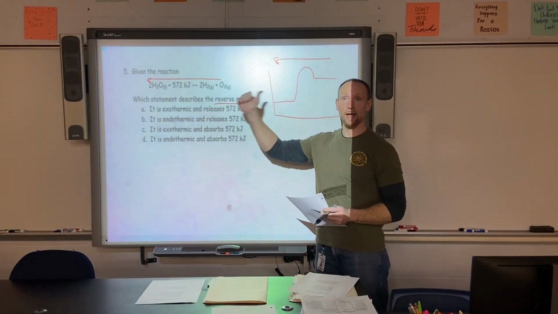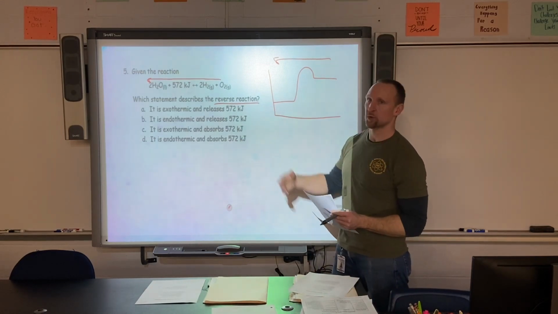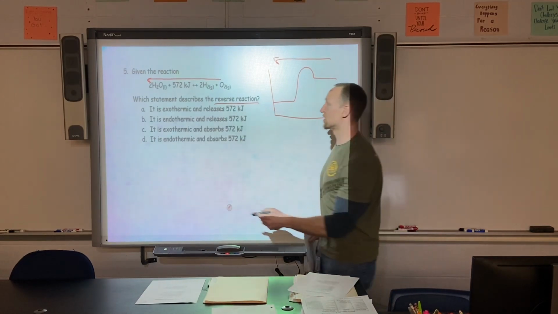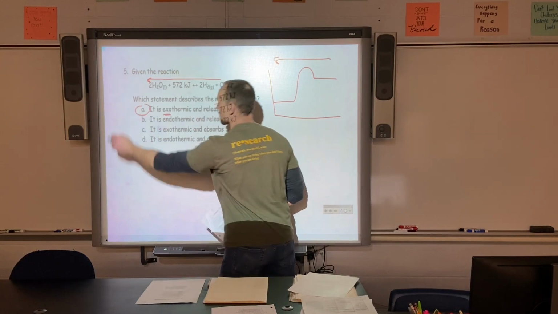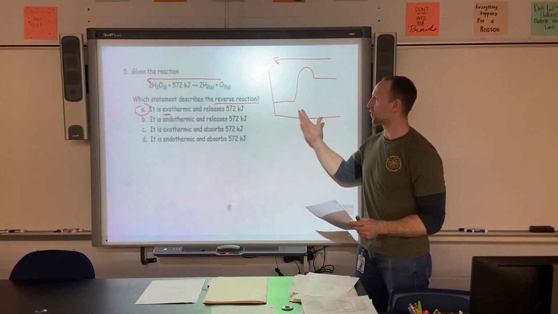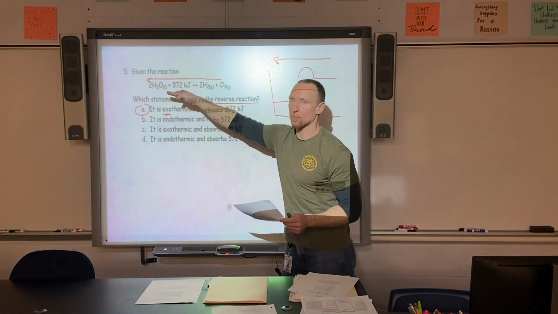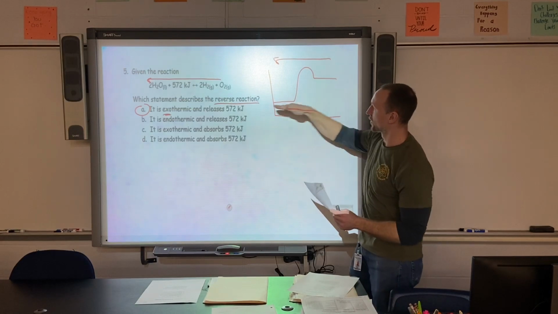So if the forward reaction is endo, the reverse reaction is exothermic, which is a release of energy. Energy is exiting. So the answer to number 5 here is A. Right, so these are tricky. If you think about the PE diagrams, if you're reading it backwards, now we're starting here and we're ending here. Starting here, ending here.